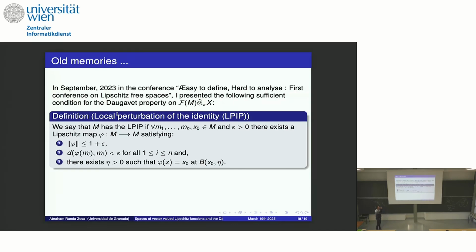This property essentially demands that you can find functions from M to M of norm nearly 1 acting as the identity at finitely many points and being flat inside a ball.